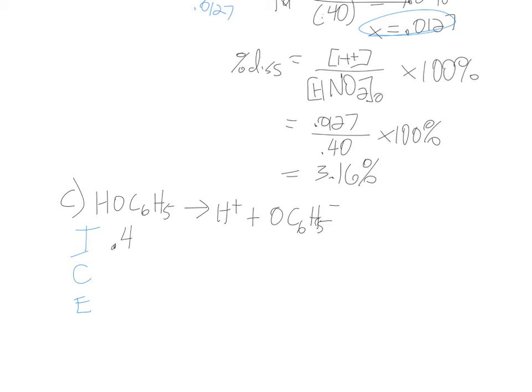We'll plug in the initial concentration of the acid. Throughout this problem, that initial concentration, they told us, was 0.4. And you'll notice, students, the ice table for part C is exactly the same as the ice table for part B. It's just for a different dissociation.